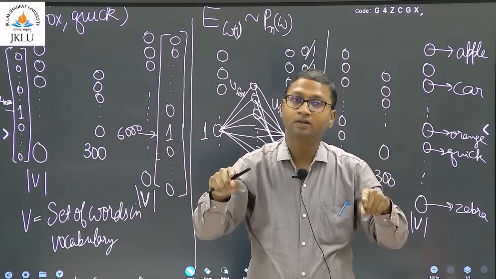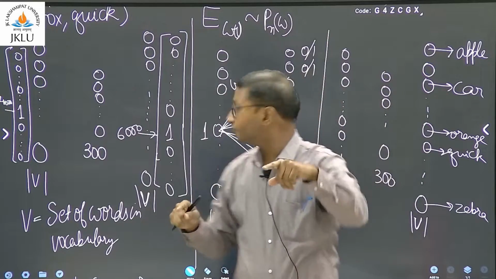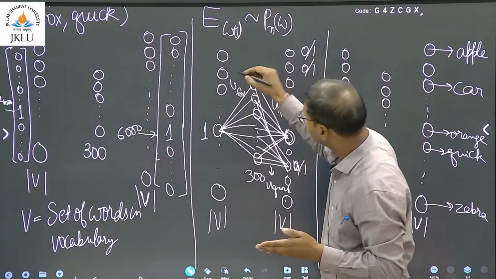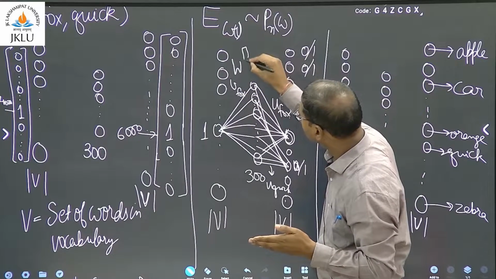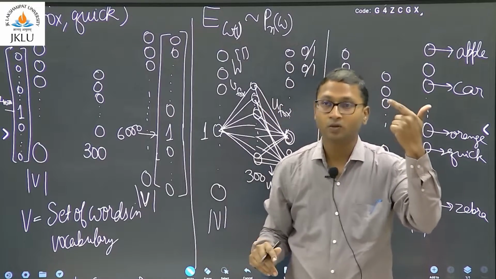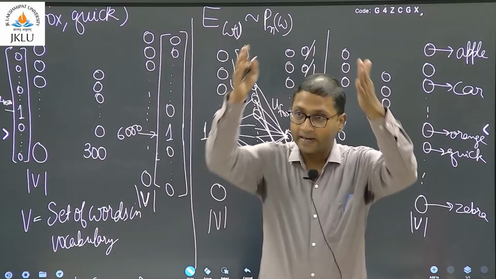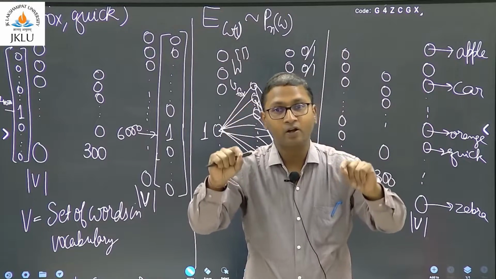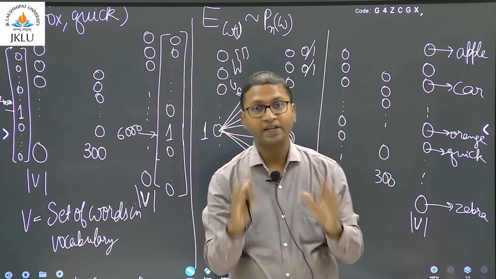What is that? The one-hot vector of Fox. So the weight matrix W1, which is of size 300 cross mod v, you multiply that with the one-hot vector of Fox. What will that give you?